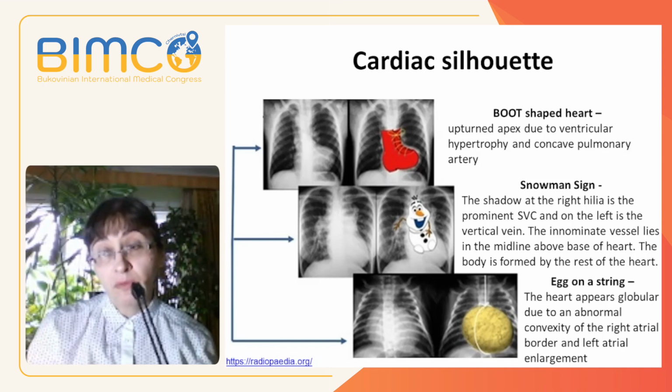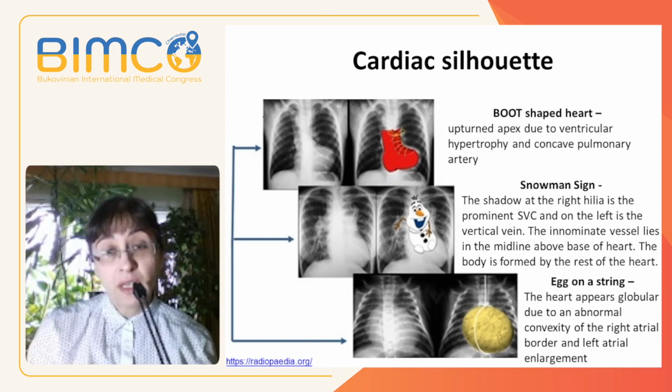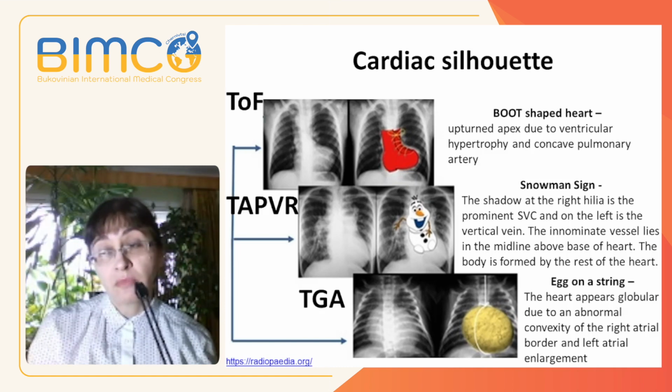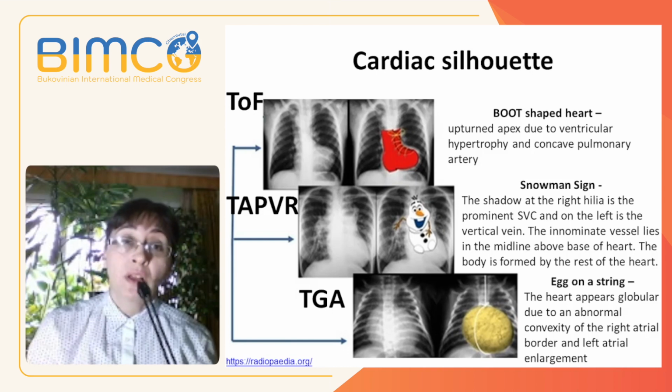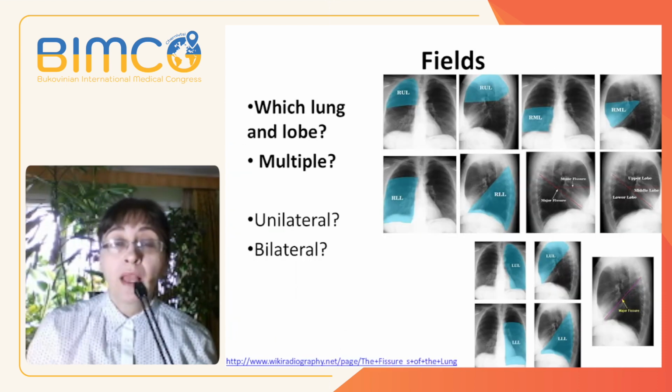For example, widely known abnormal heart shapes in heart defects are boot-shaped heart, snowman sign, and egg-on-a-string sign, which are associated with congenital heart defects such as tetralogy of Fallot, total anomalous pulmonary venous return, and transposition of great arteries. But the most important thing we shall speak about today is lung fields.